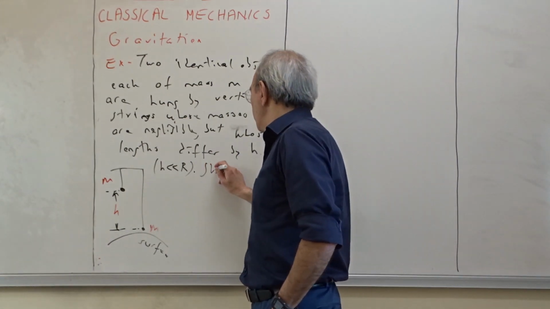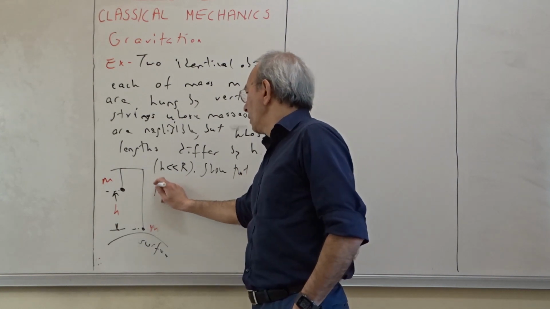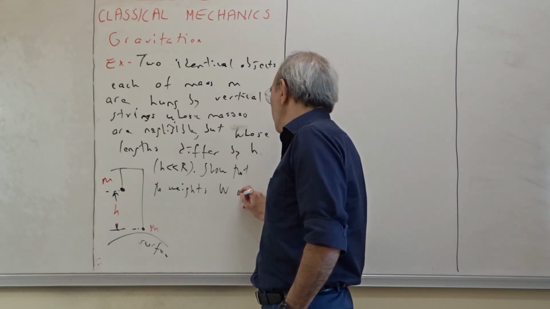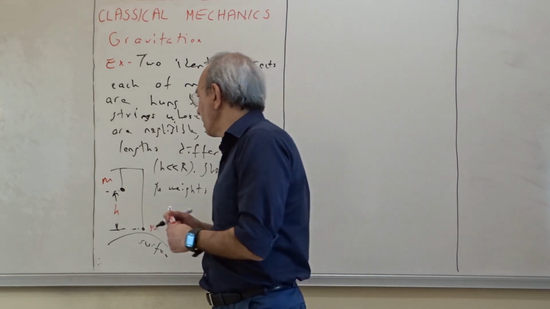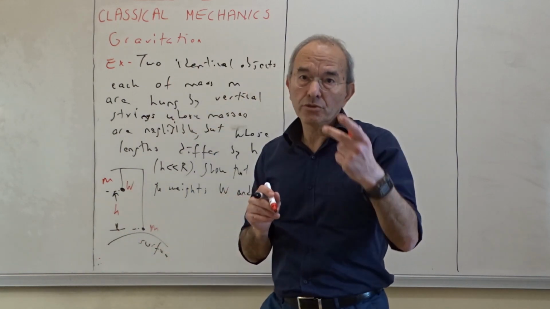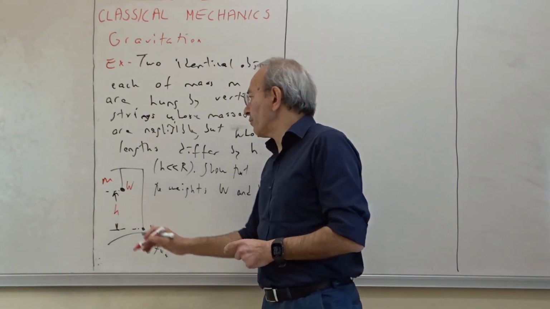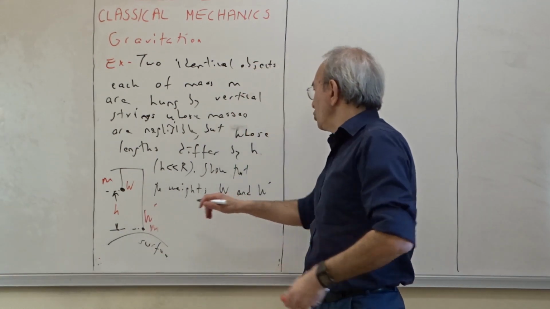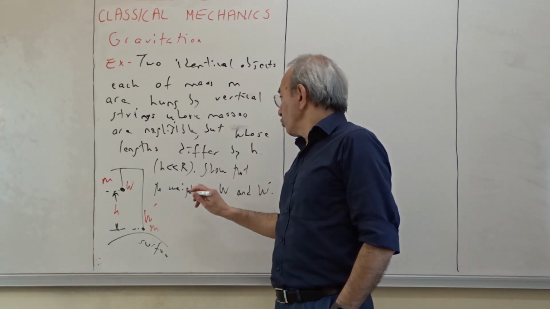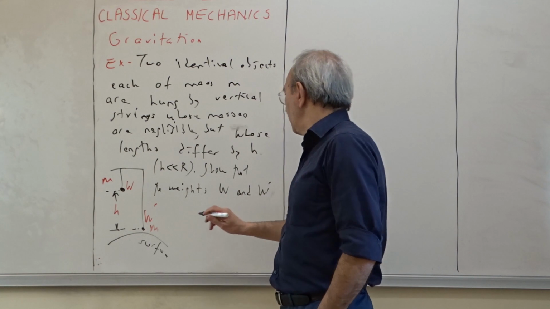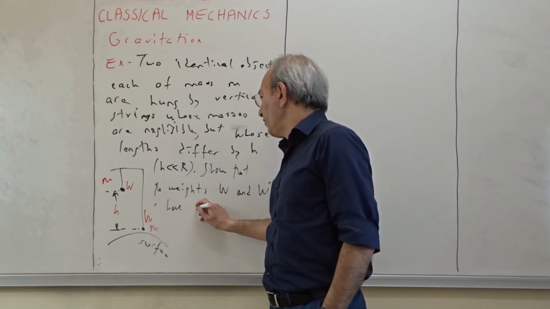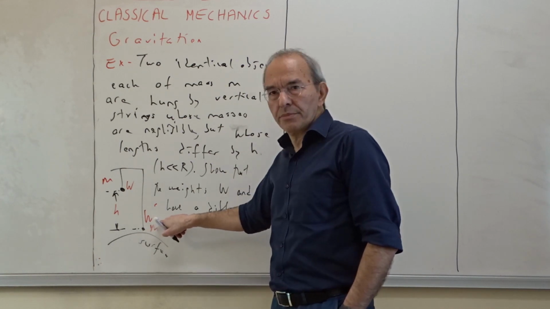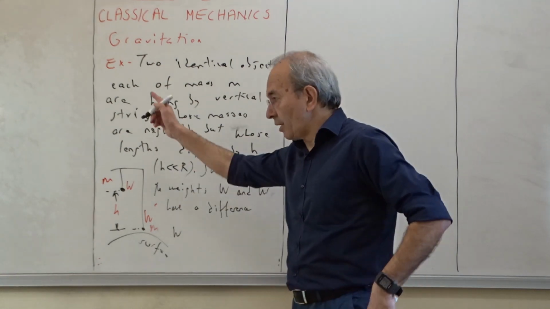Show that the weights W and W prime, for instance, W is the number, mg sort of, W is the weight of the upper one, and W prime is that of the lower one. Show that the weights W and W prime have a difference. Of course, W prime is greater because it is nearer the center of the Earth than the upper piece.